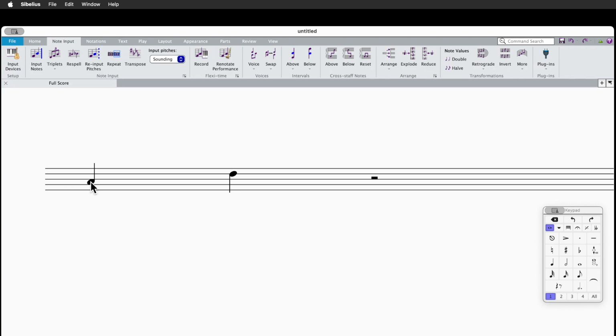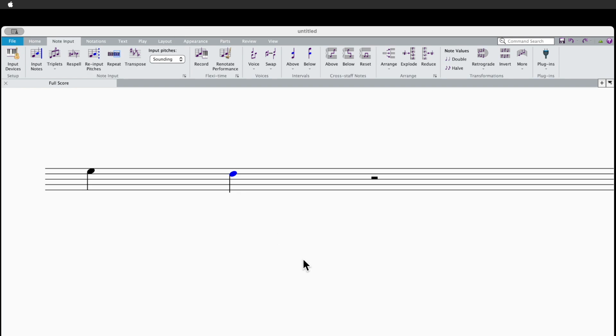Space 4 to line 4. There's space 4, and we're already there on line 4, so that is a step down, space 4 to line 4.